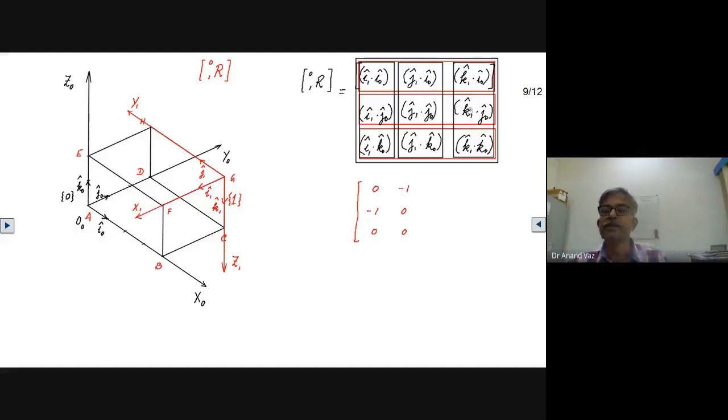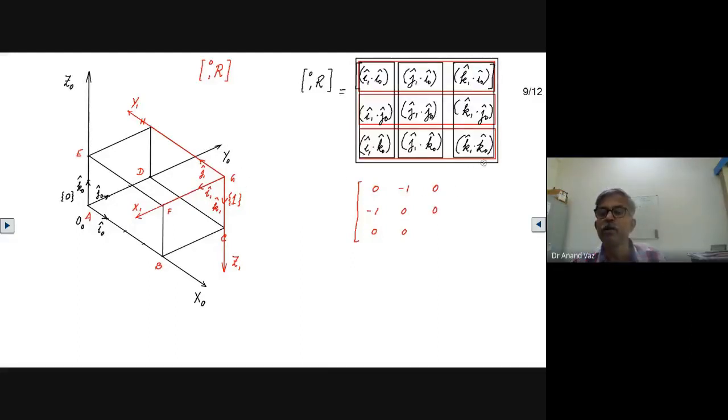This is K1 dot I naught. We have K1 here and I naught is perpendicular. If you draw this parallel, you will get K naught, K1 and I naught perpendicular, so this is 0. K1 dot J naught: mutually perpendicular.